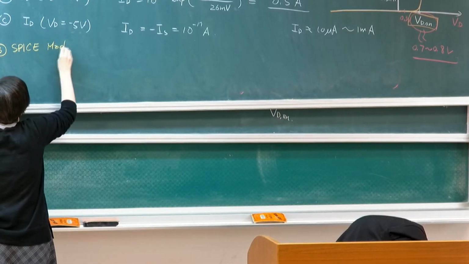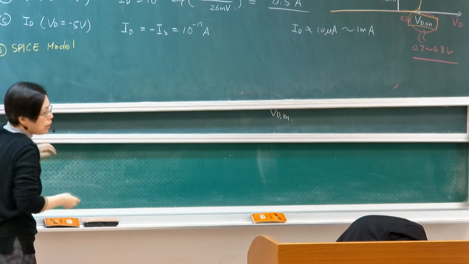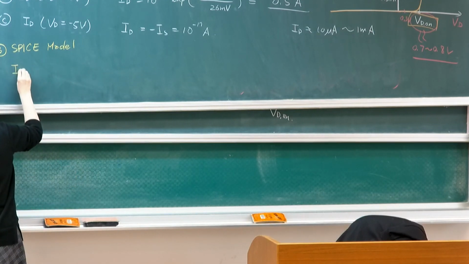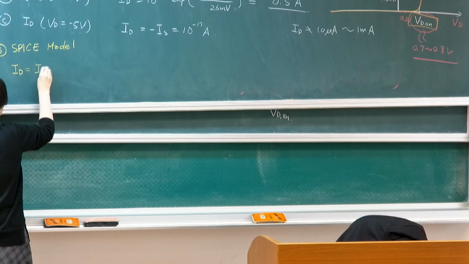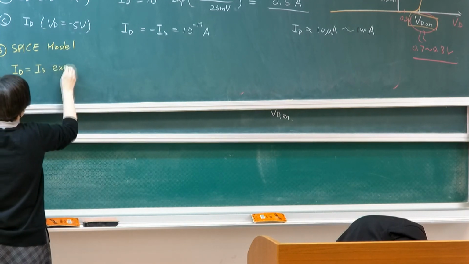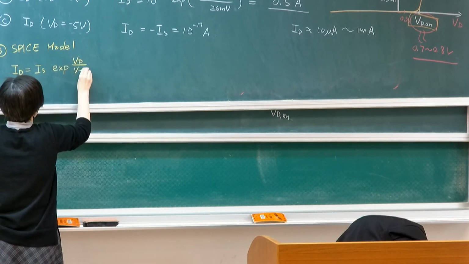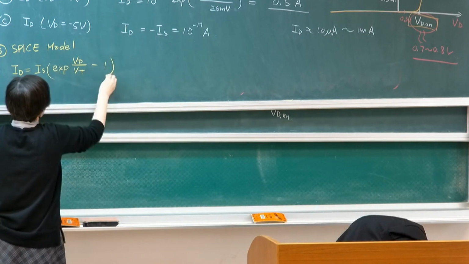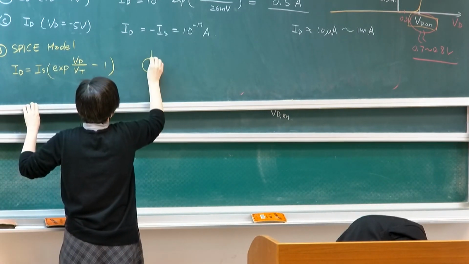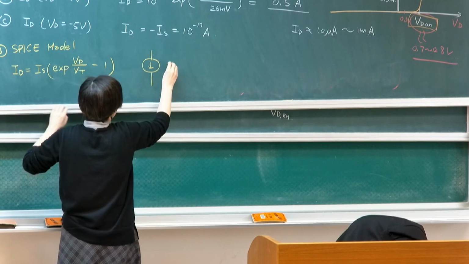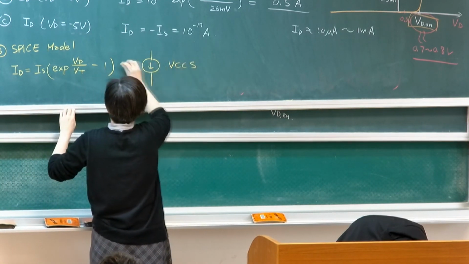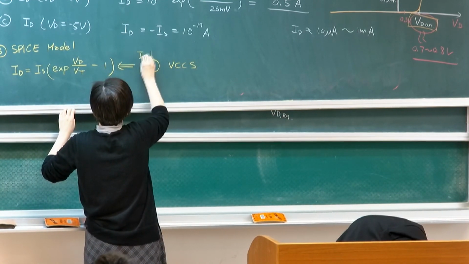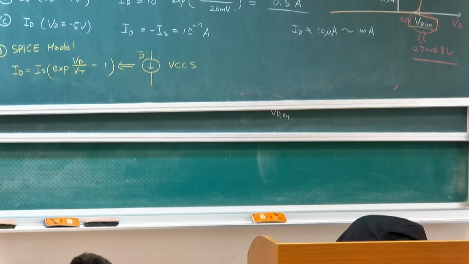What you use in the SPICE model is basically ID equals IS times exponential of VD over VT, minus 1. And this is used by simply using a voltage-controlled current source with that current equation, and simply using that for SPICE.